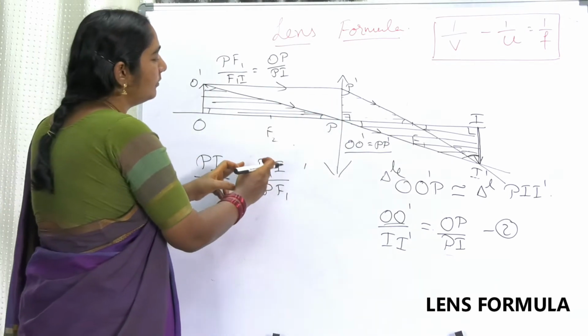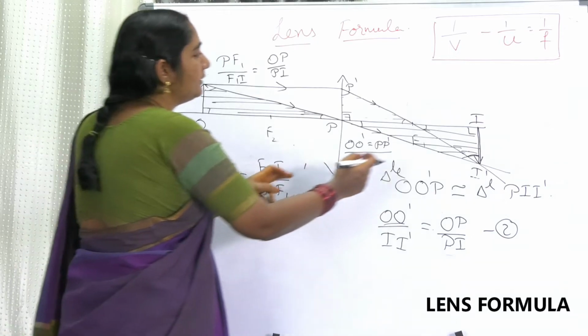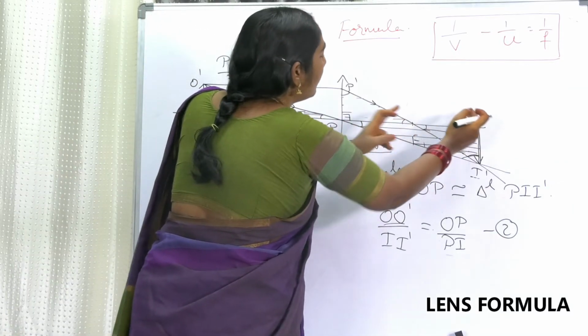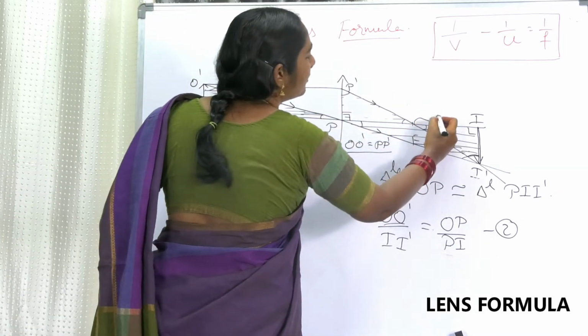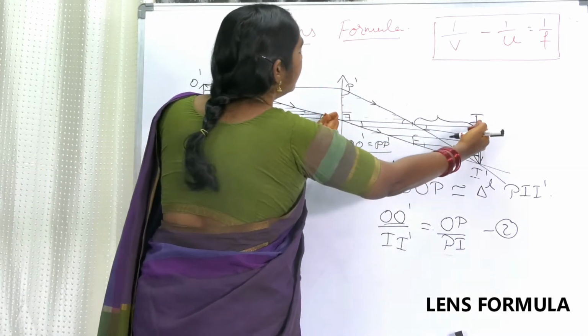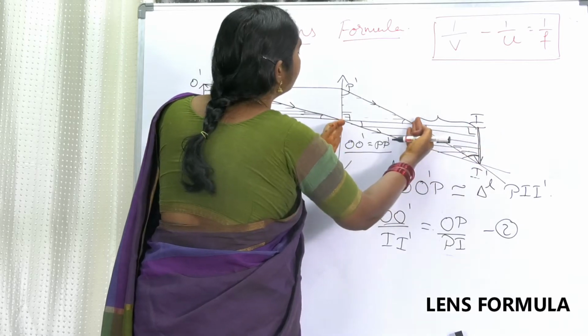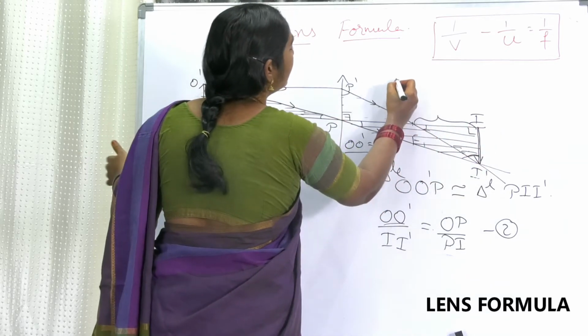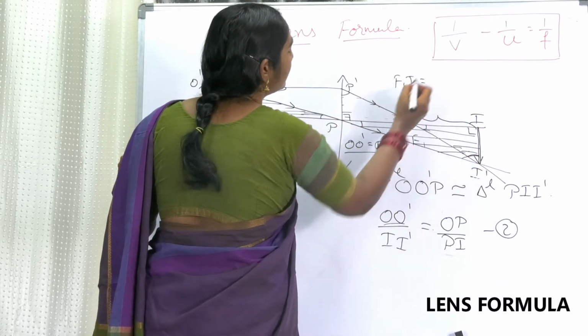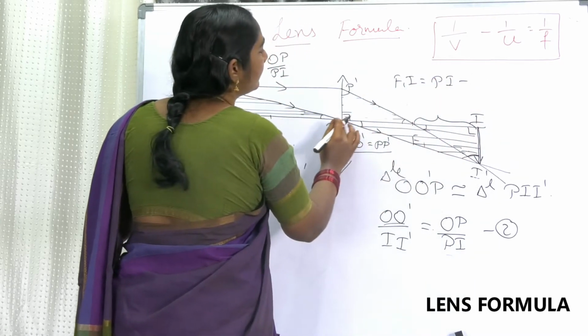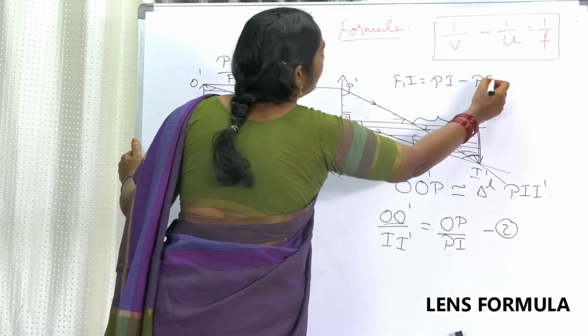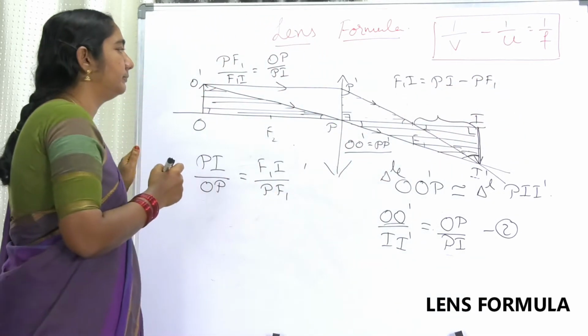Now F1i means this is the distance. So how can you write F1i? F1i is nothing but this total Pi minus Pf1. So F1i is equal to Pi minus Pf1. You can write like that from the diagram.